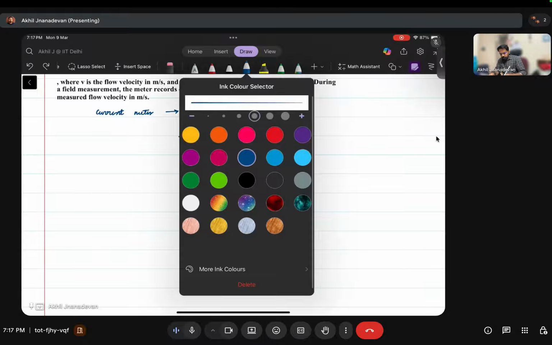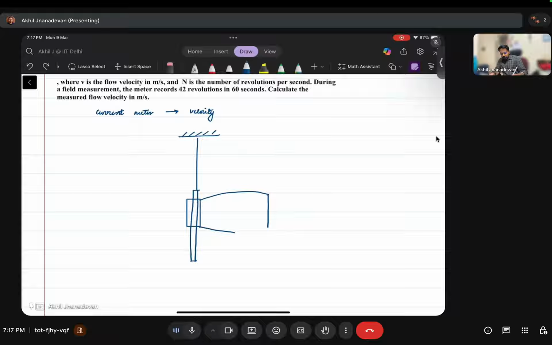This vane is to keep it in the direction, or to align the current meter with the flow direction, right?